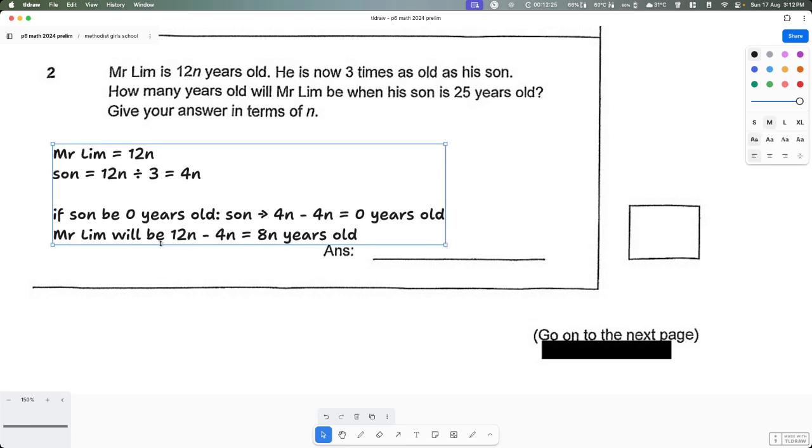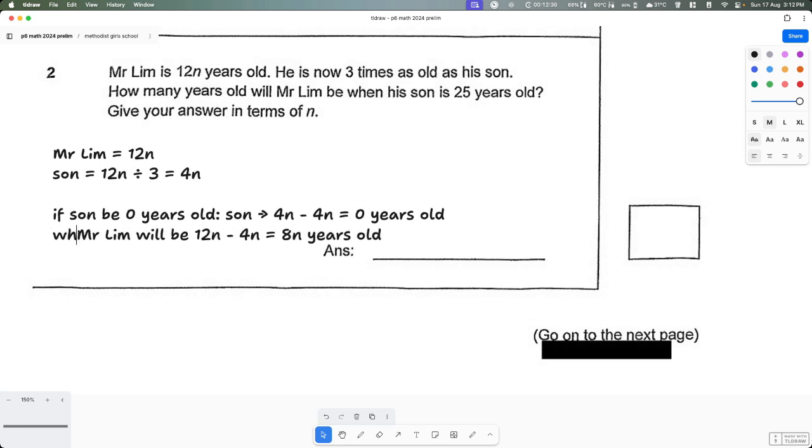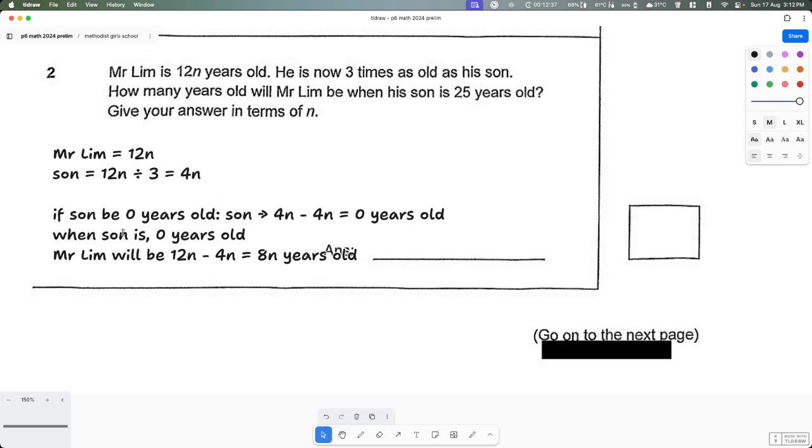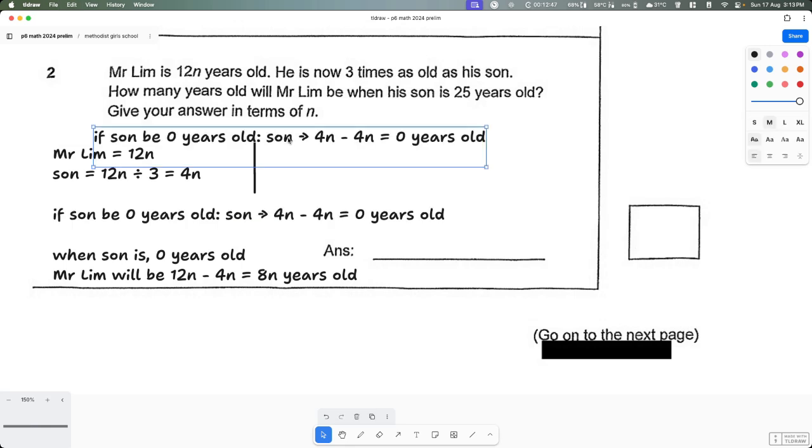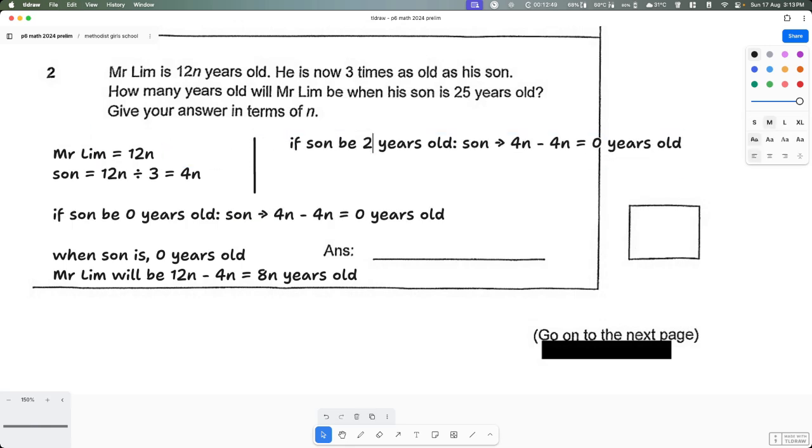So when the son is 0 years old, Mr. Lim will be 8n. And then lastly, if the son is 25 years old, then the son will be 25 years old.